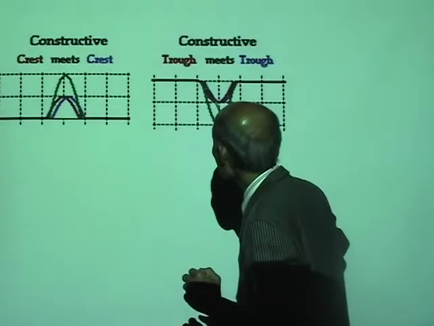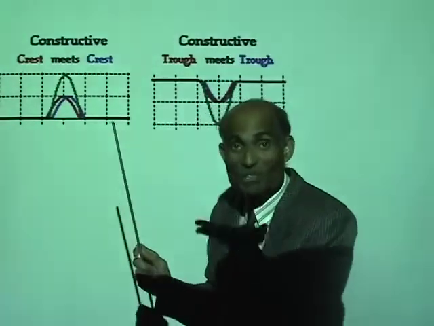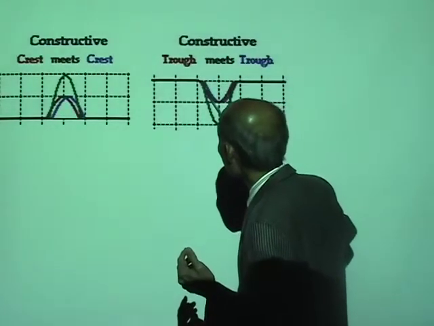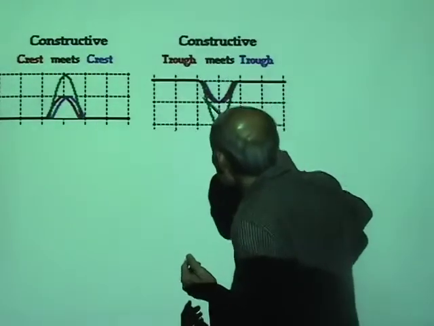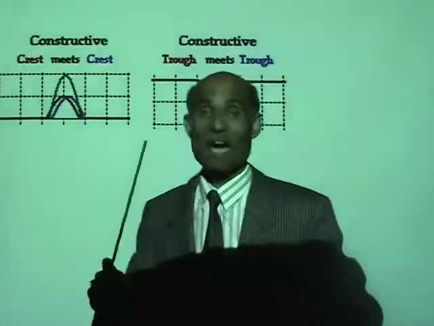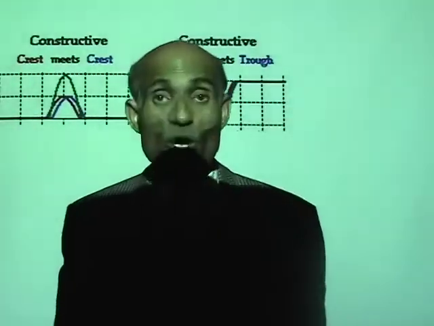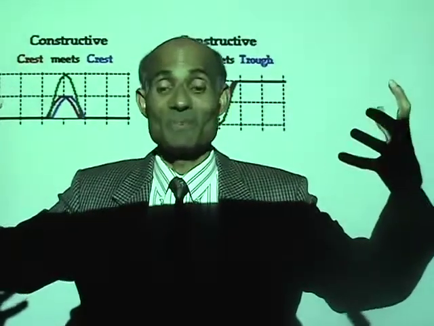Similarly, the rarefaction, I'm representing a rarefaction by a trough. A rarefaction of one wave falling on the rarefaction of a second wave produces a bigger rarefaction. As a result, you have a bigger wave, or you hear a big sound. You see?